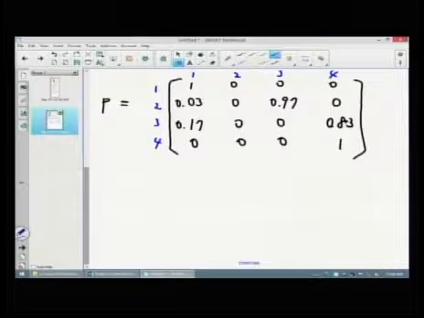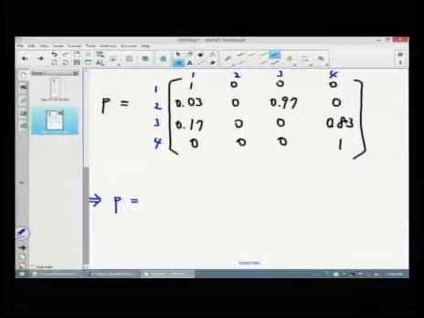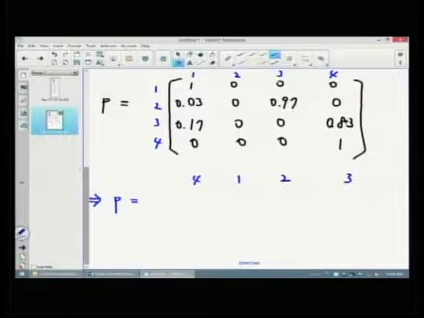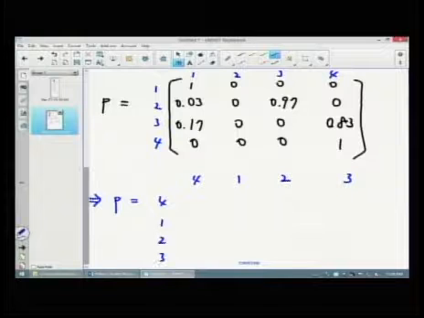Either is fine. So let's resort the states of the system. Instead of 1, 2, 3, 4, we can have 4, 1, 2, 3. Okay?